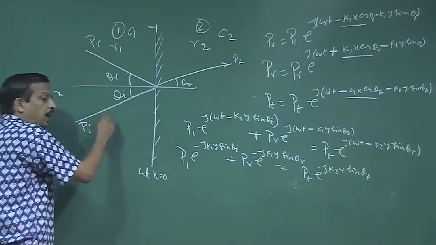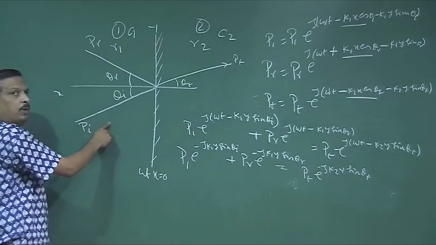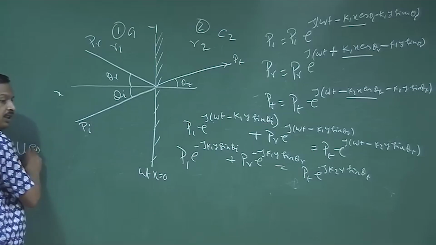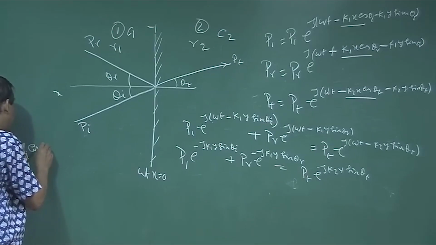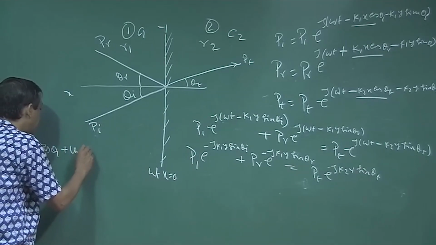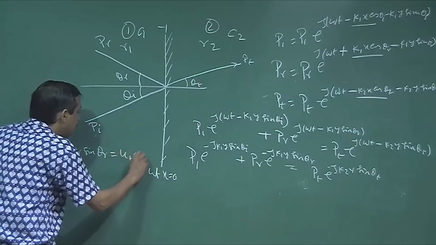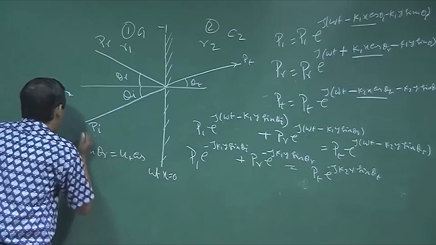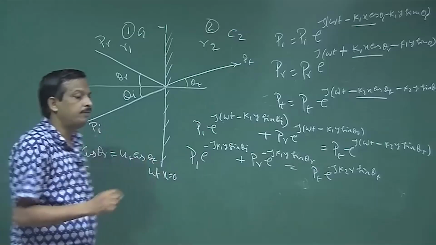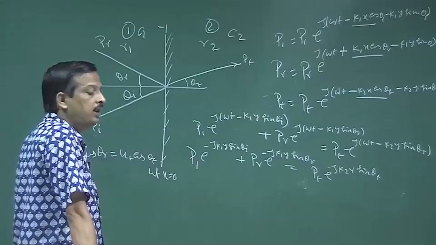Then the normal component of the velocity will be equal. So, ui cos theta i plus ur cos theta r will be equal to ut cos theta t, where cos theta r equals cos theta i. The normal component of the particle velocity will be equal.